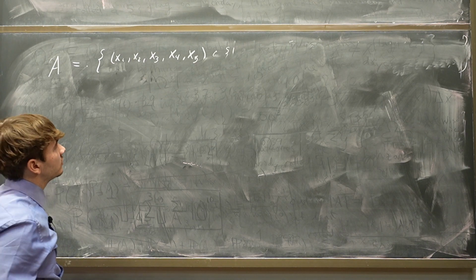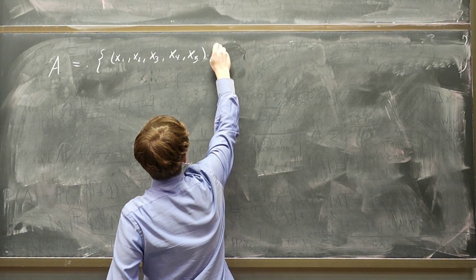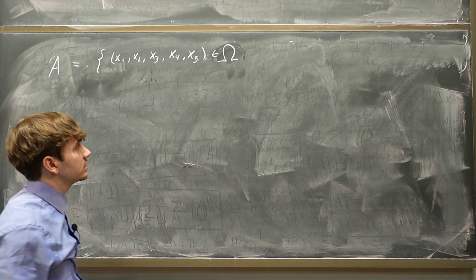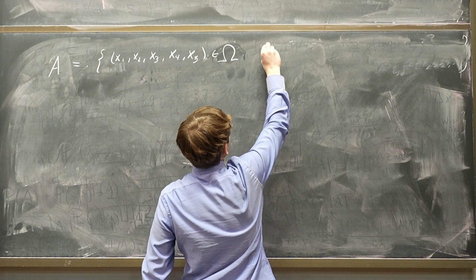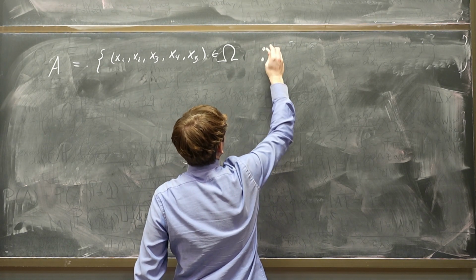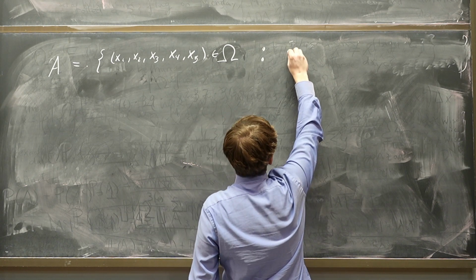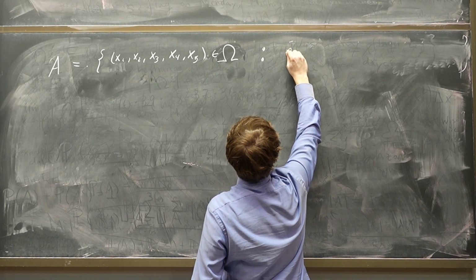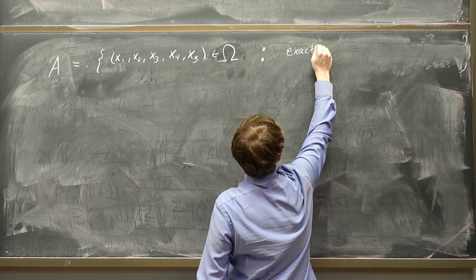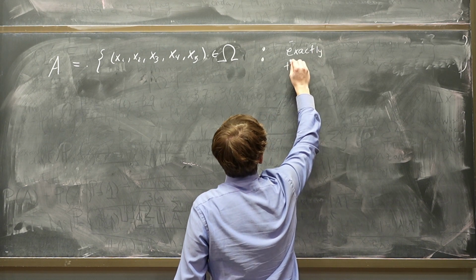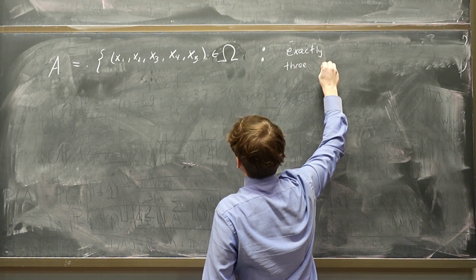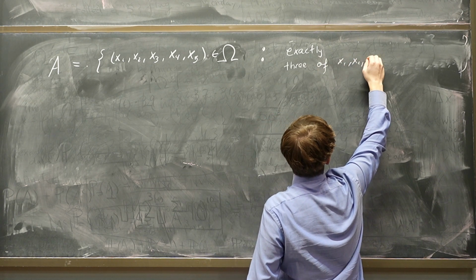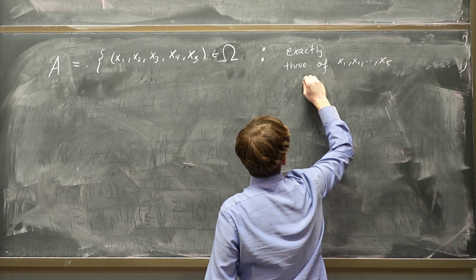And this event is essentially the set of possible outcomes belonging to my sample space such that exactly 3 of x1, x2, ..., x5 are even.